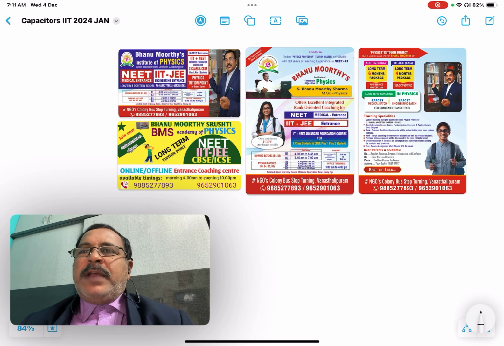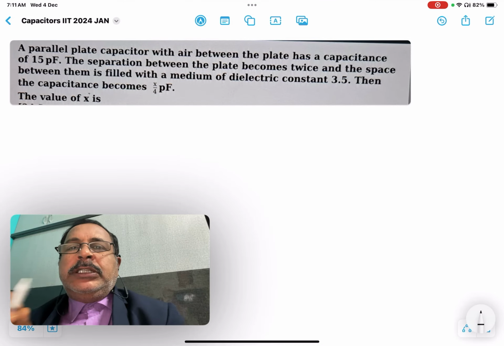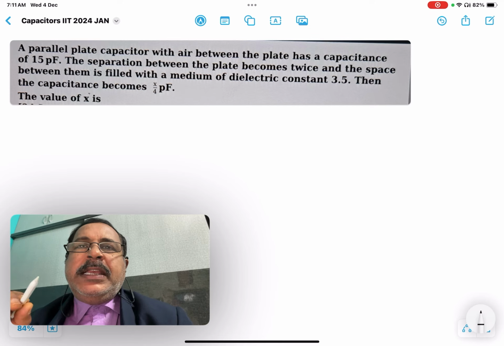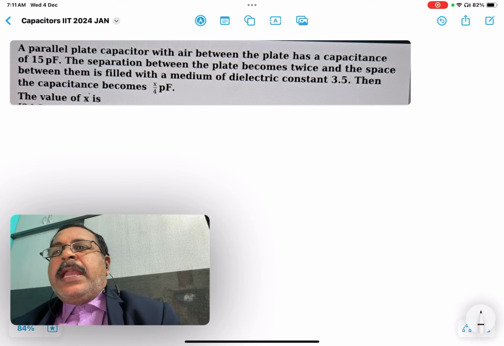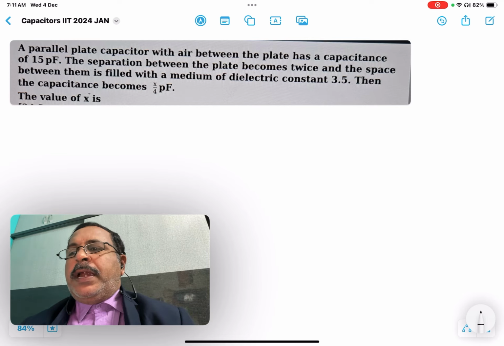The first question we are going to discuss is from the 2024 January Phase 1 paper for IIT JEE Mains aspirants. A parallel plate capacitor with air between the plates has capacitance 15 picofarad.